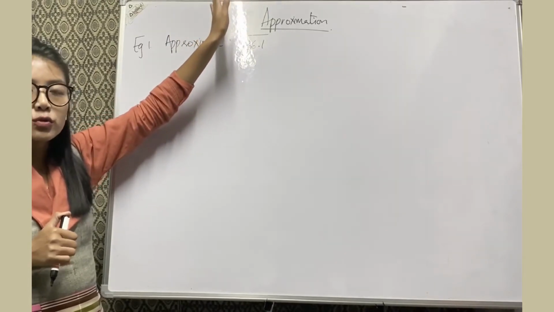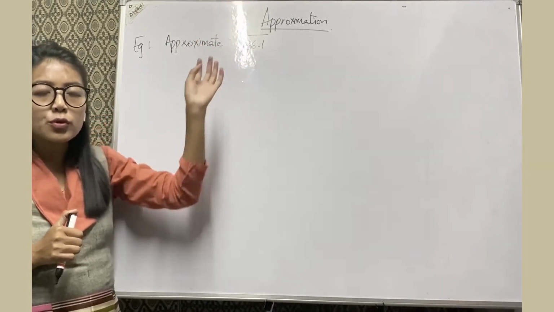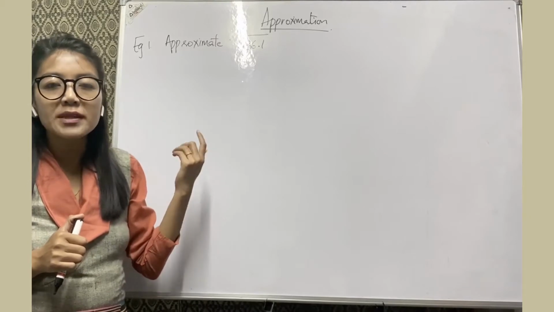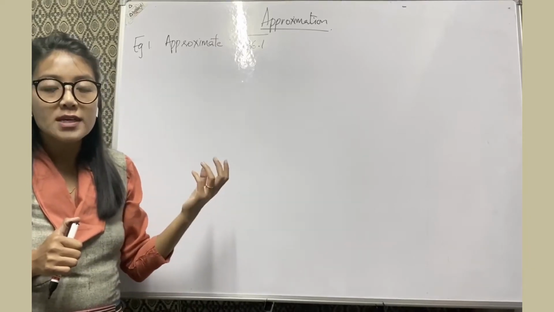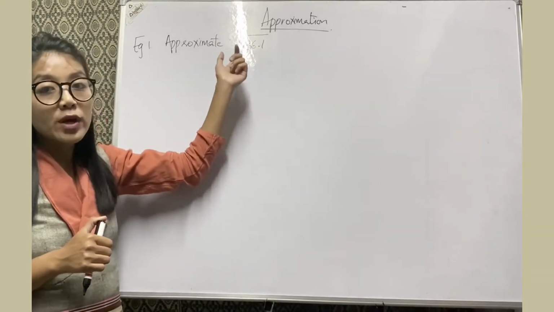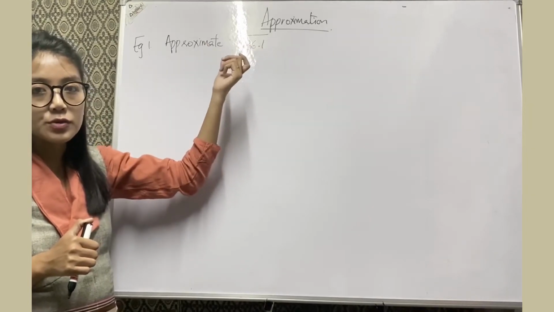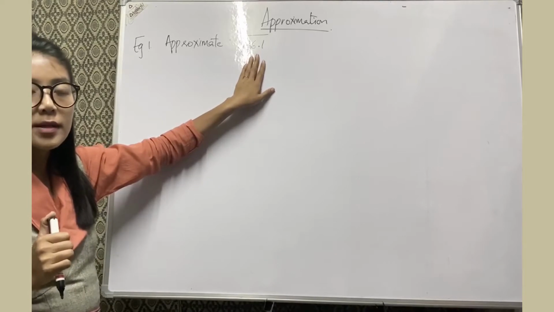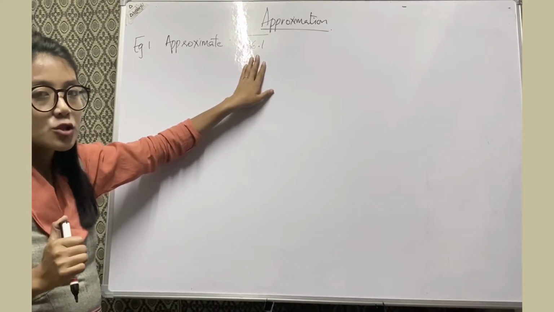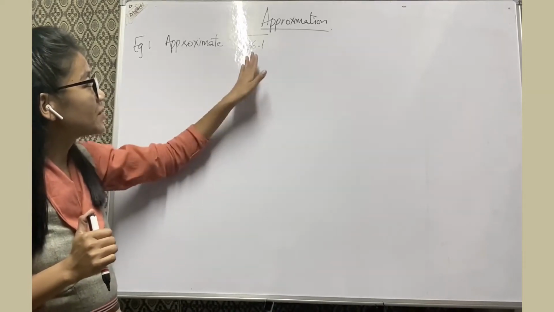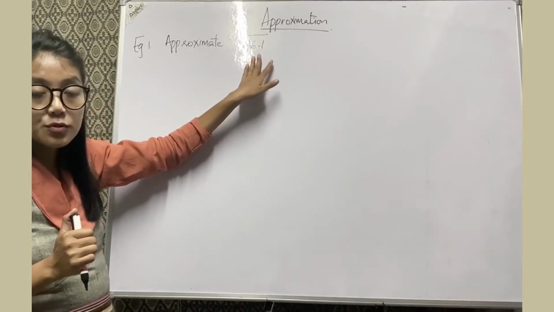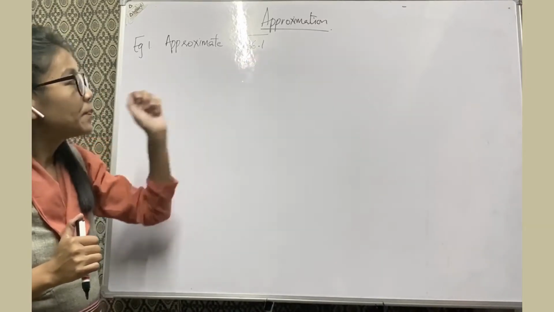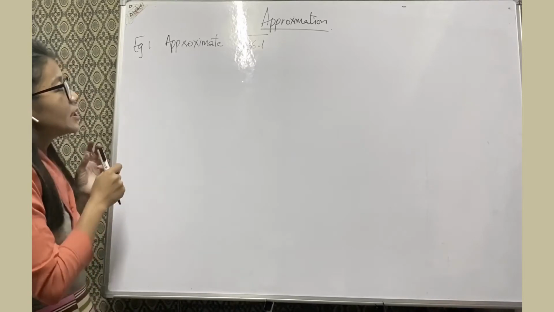To evaluate this value, you know the long division method which we used in lower classes to get the square root of any value. But since this is a decimal number, that method will be a little bit difficult. So it's easier for us to approximate such values using derivatives. This is how it is to be done.